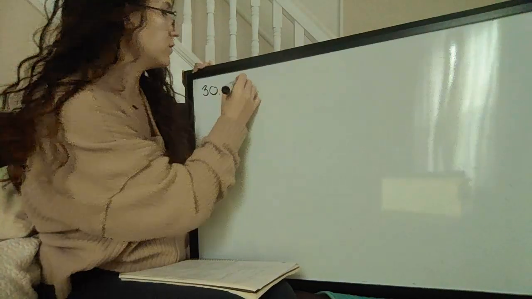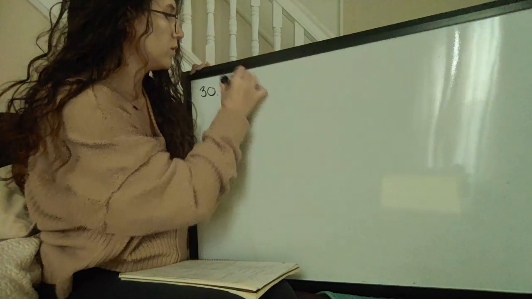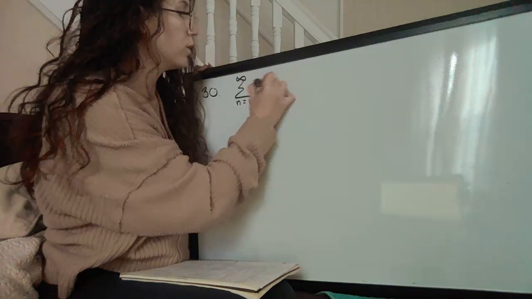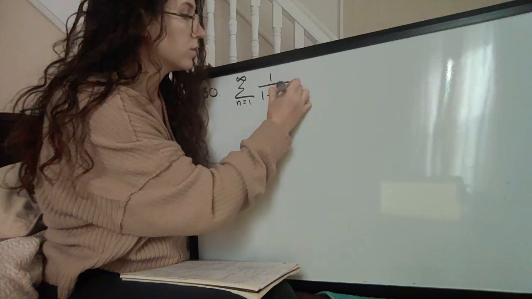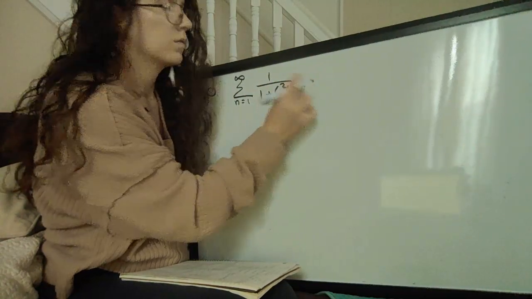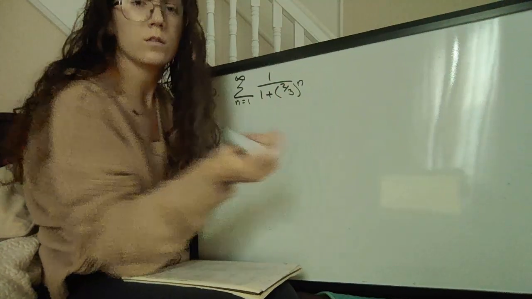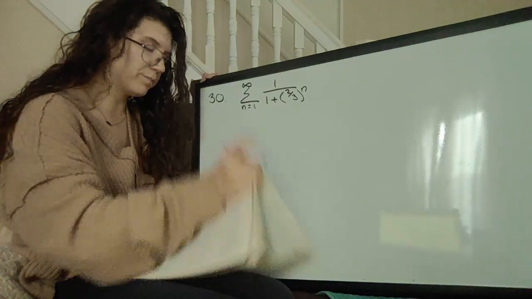Determine whether the series, the sum from n equals 1 to infinity of 1 over 1 plus 2/3 to the n, is convergent or divergent.